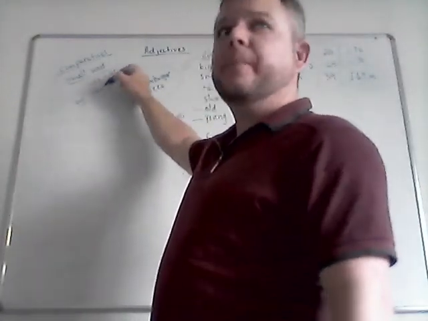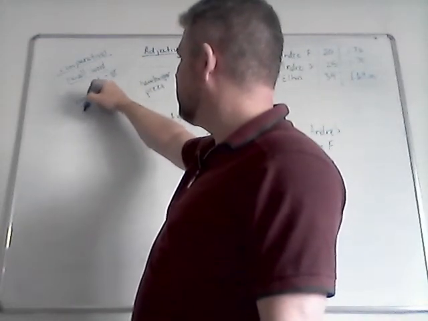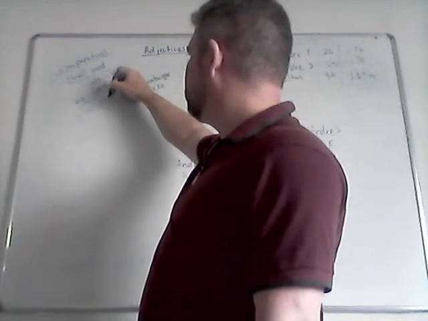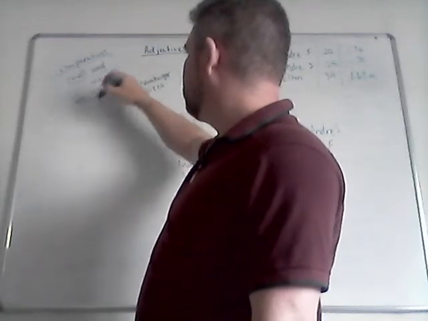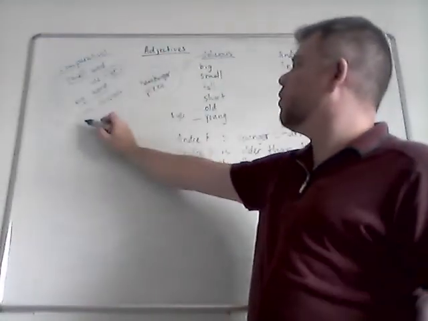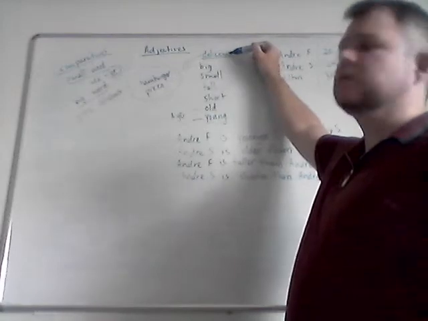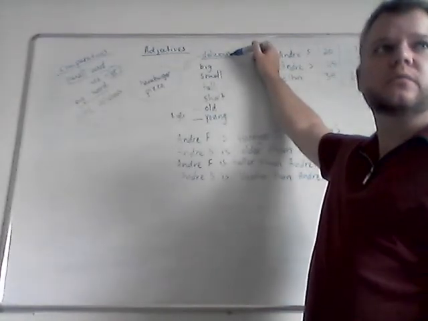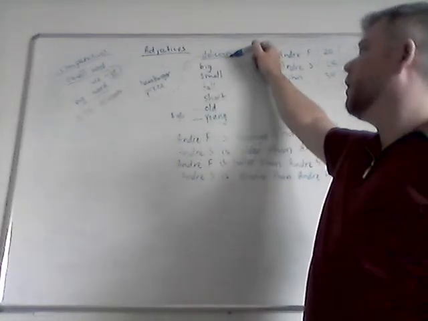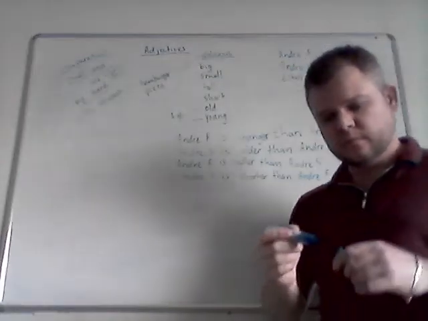When I have a big word, for big word I use more. Então agora eu não vou usar o ER, eu vou adicionar more na frente e eu não vou modificar. So how do I compare pizza and hamburger?